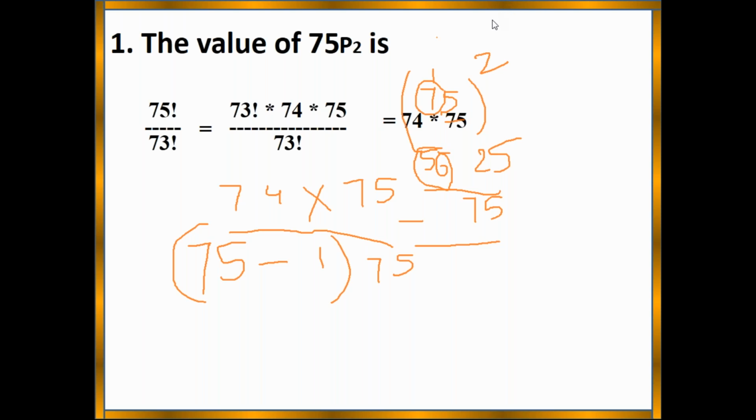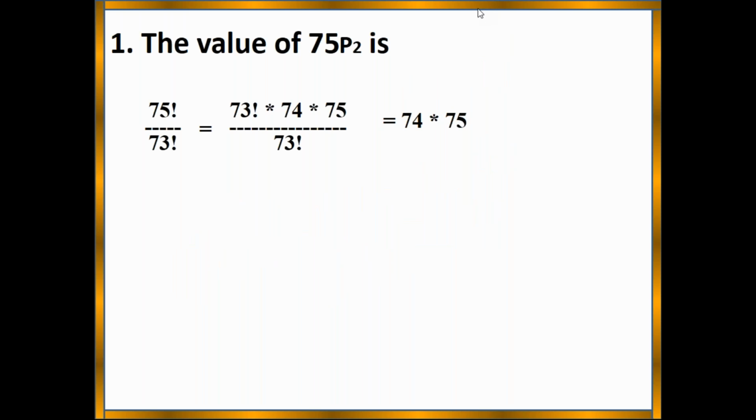So write down a note, side heading: the square of any number ending with 5.